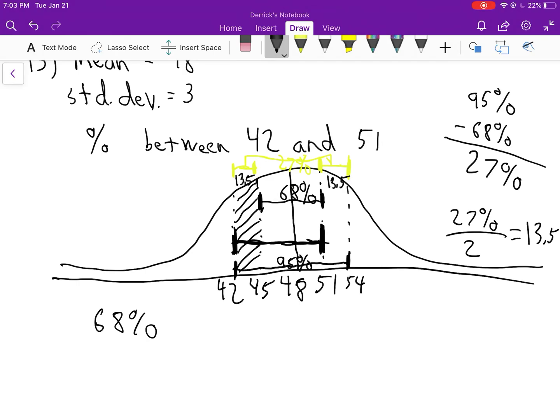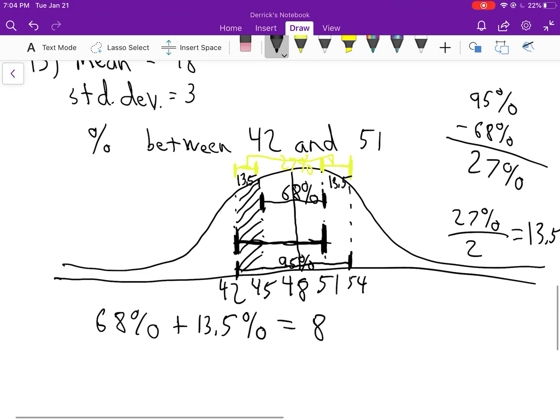So in order to find the full percentage between 42 and 51, I take the 68% from 45 to 51 and the 13.5% from 42 to 45, and together that'll give me everything from 42 to 51. In this case, giving me 81.5%.